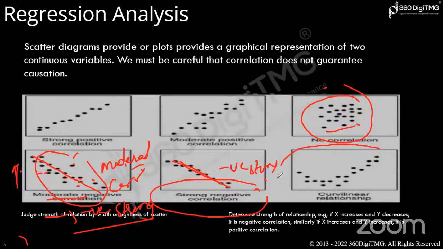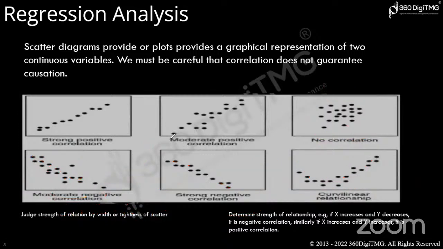Here we don't have any linear relationship. We have a curvilinear relationship. Whenever x is increased, y is also increased, and it is linear, in that case it is strong. If it is decreasing and it is linear, in that case you can say it is a strong negative.